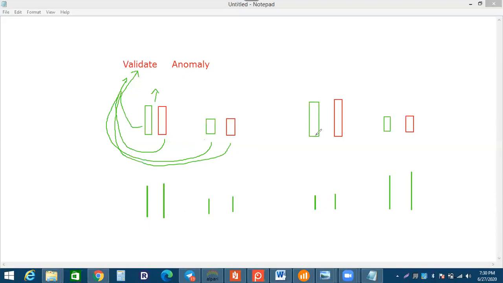Here, the price rose so high in this spread, but the volume did not rise. So there is something wrong. It means this candlestick movement and this bar movement are not matching each other. When they are not matching each other, it indicates an anomaly. That is something abnormal. In this bar, the price fell so much, but the volume did not increase.